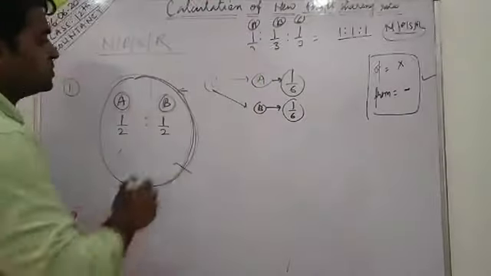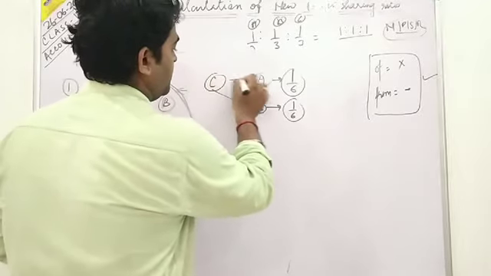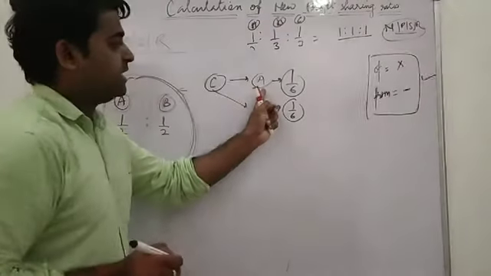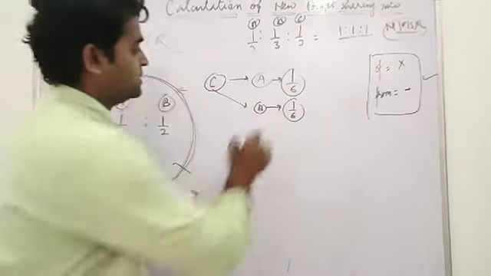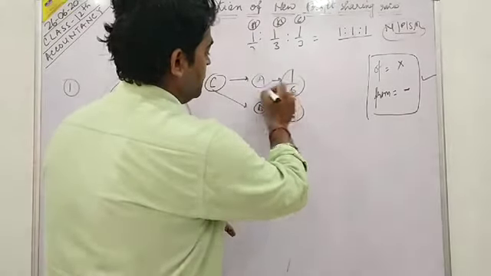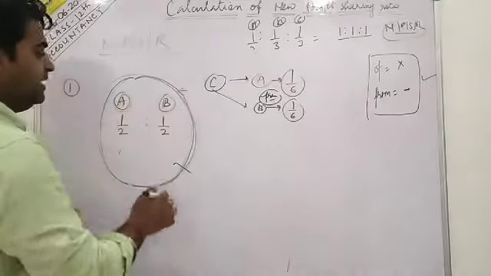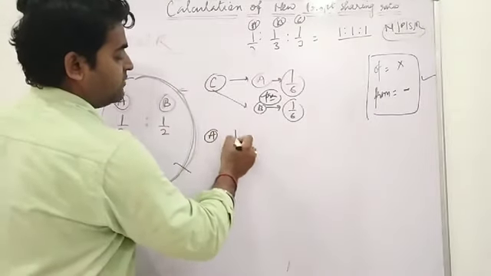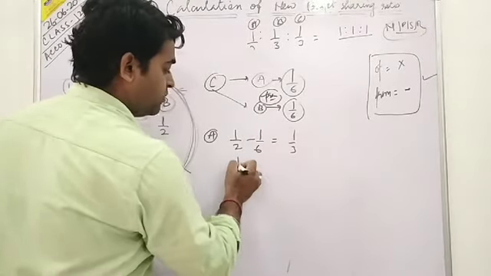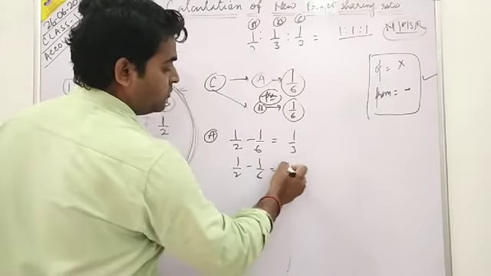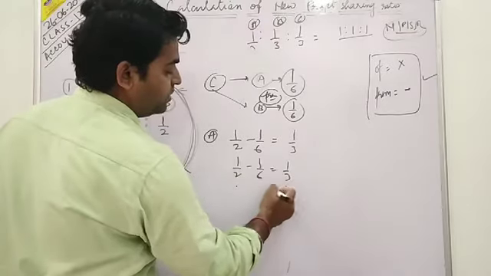See here, C is taking 1/6 from A and 1/6 from B. We will directly subtract. A's share after giving to C is 1/2 minus 1/6, which is 1/3. B's share is 1/2 minus 1/6, which is 1/3, and C is coming for 1/3.